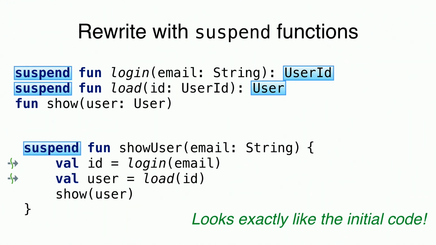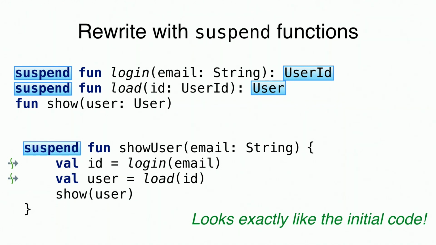So we added the suspend modifier. Now we defined all the functions as suspend functions, but the result looks exactly like the initial code, the initial wrong solution that blocked the thread.